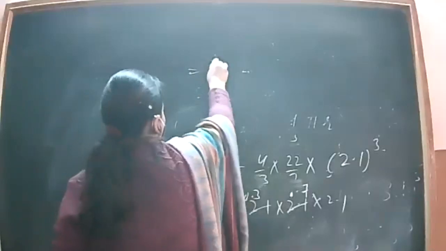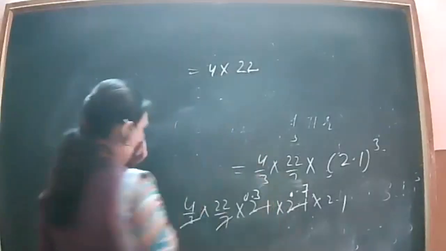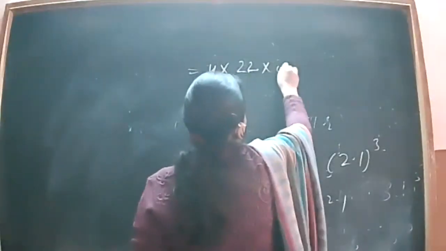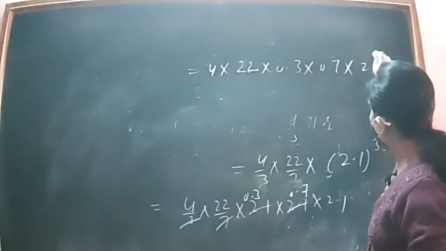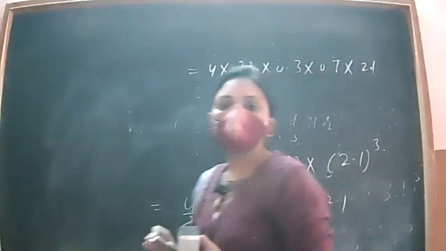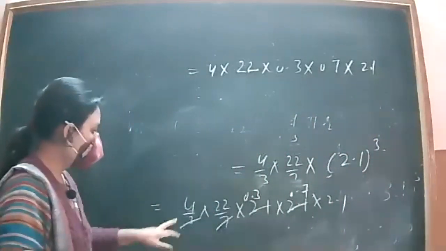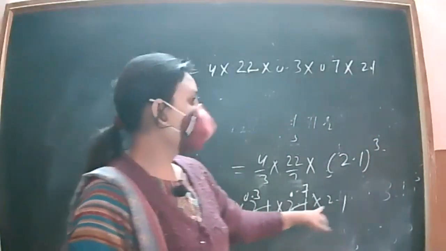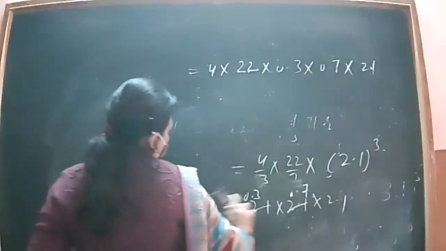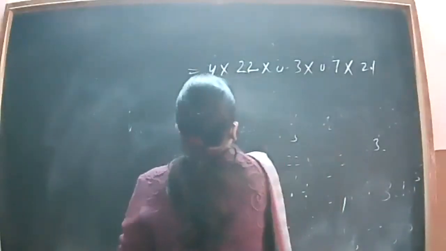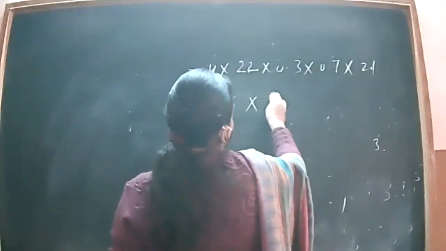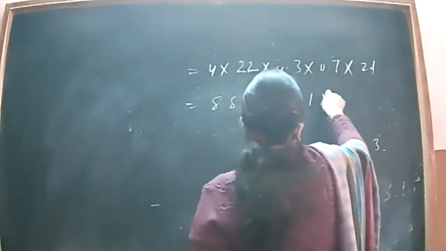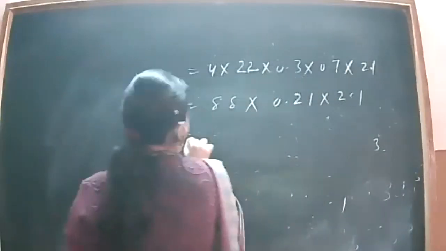So we have 4 into 22 multiply 0.3 multiply 0.7 multiply 2.1. So this we get after multiplication: 4, 22, 0.3, 0.7 and 2.1. Further this is equal to 88 into 0.21 into 2.1.